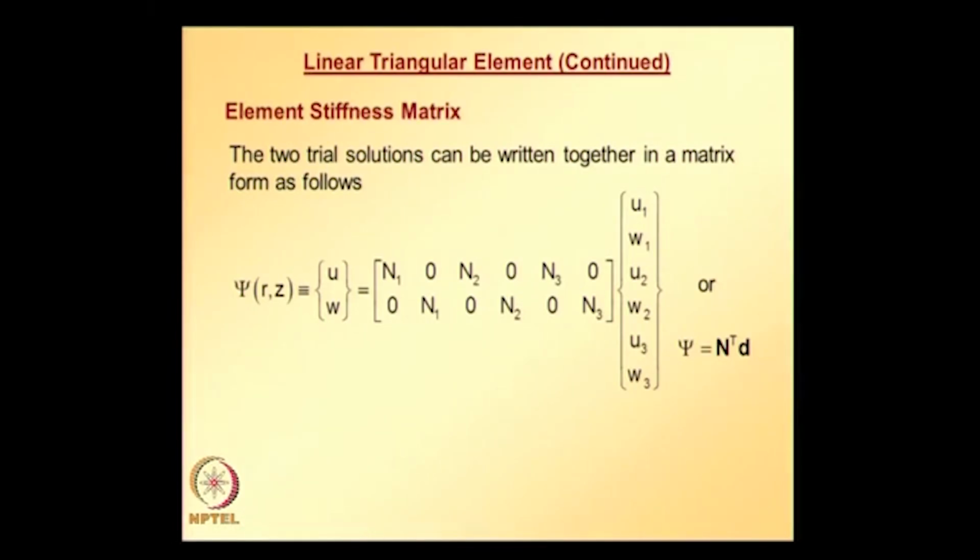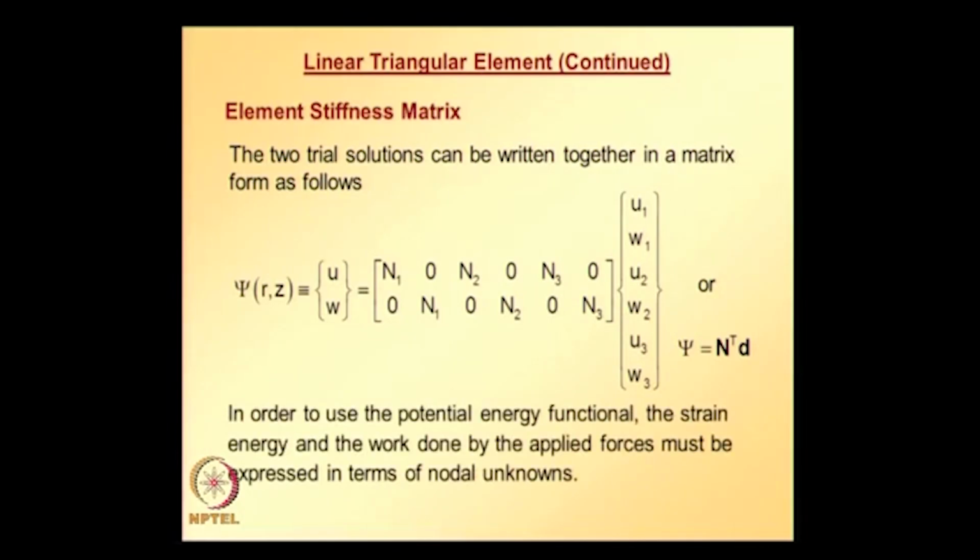In order to use potential energy functional, strain energy and work done by the applied forces must be expressed in terms of nodal unknowns or nodal parameters, that is u1, u2, u3, w1, w2, w3. Strain energy in terms of nodal unknowns can be expressed once we know the relationship between strains and displacements, because potential energy functional is a function of strain and stress.